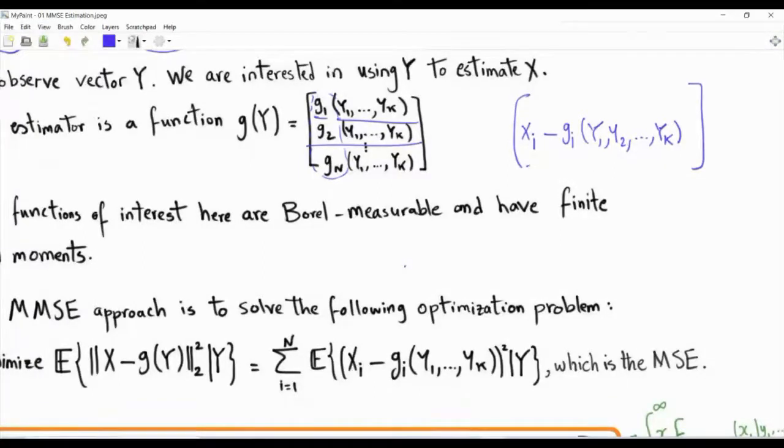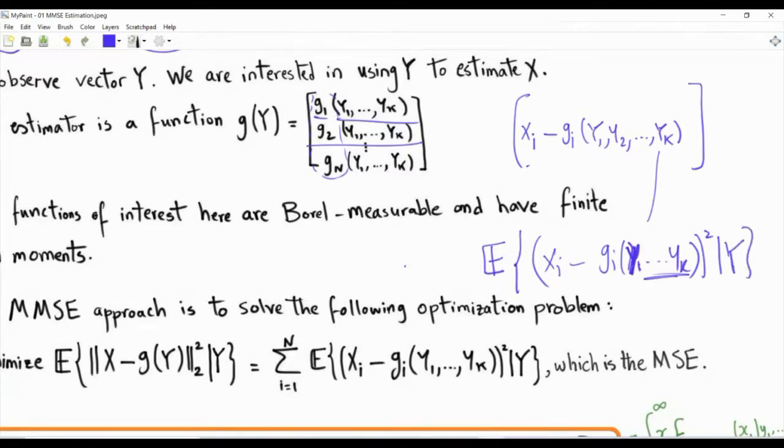And what we will do is that we will square this error. Okay, so we will square the errors, and then we apply expectation. Since those guys, y1 to yk, are known, they are the measurements or observations, then we are basically conditioning on y. And this will be the mean.